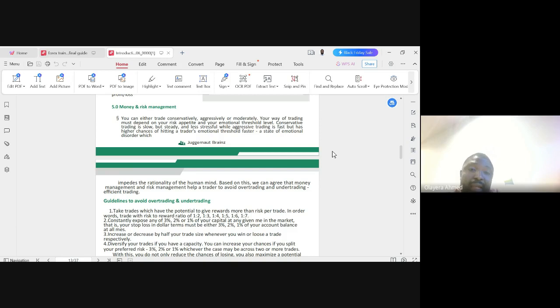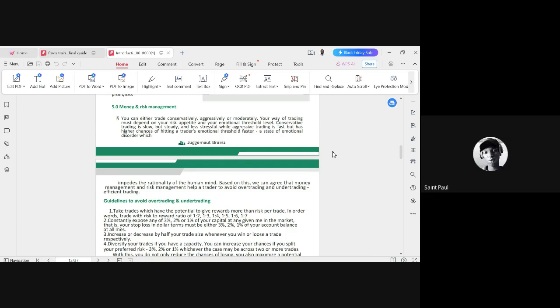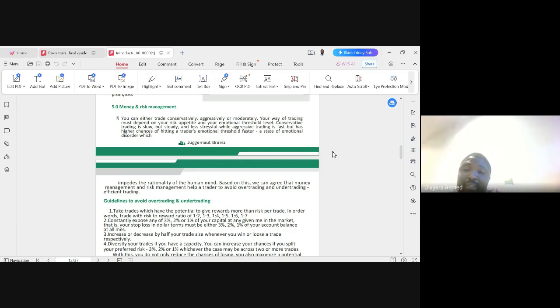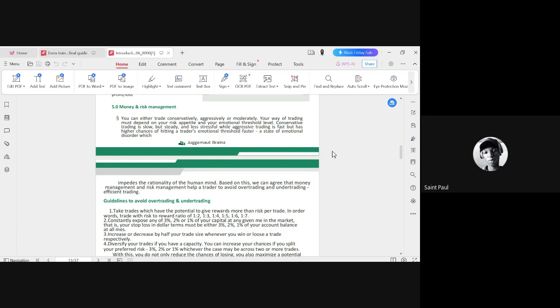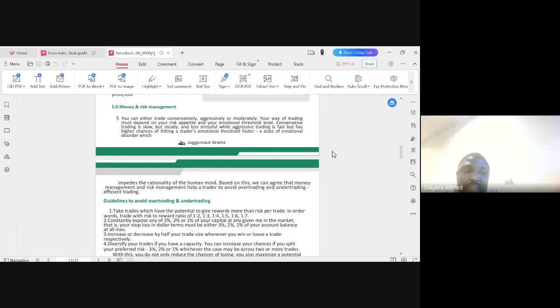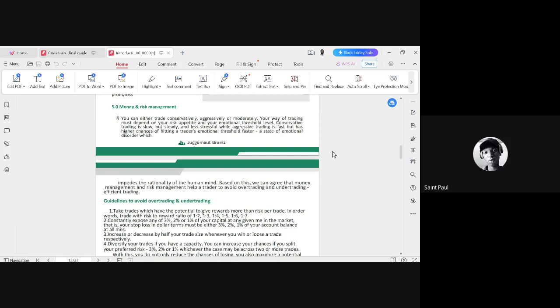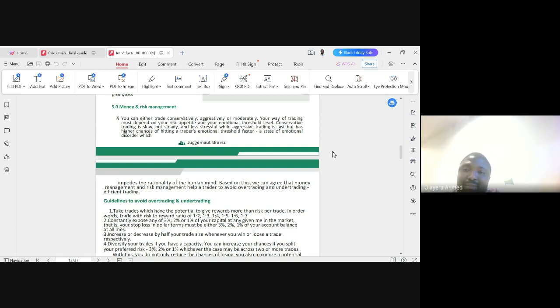I know a guy that whenever he wants to trade, he can trade up to 100 lots on a $10,000 account. Have you seen someone trade 100 lots? That's massive, that's mad. So that kind of guy, you should expect he can lose $10,000 within 10 hours or in less than 10 hours.